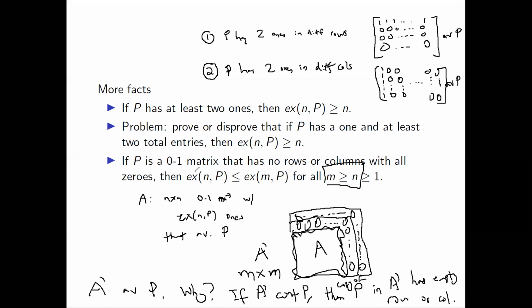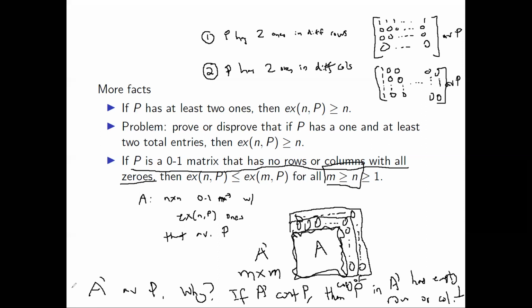And the problem with that is that we assume that P is a 0-1 matrix that has no rows or columns with all zeros. So P doesn't have any row or column with all zeros, but this copy of P has some row or column of all zeros. And that would be the contradiction. So if A prime contained P, we get a contradiction. That means that A prime avoids P.